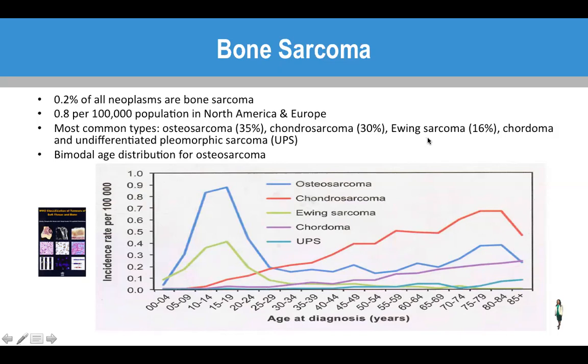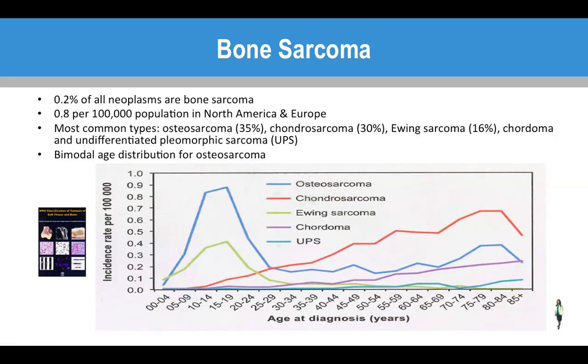The third tumor is Ewing sarcoma. Ewing sarcoma is also in young patients. As you know, Ewing sarcoma belongs to the blue round cell malignant group, so the differential should include lymphoma and plasmacytoma, because they could occur in young patients too. Chordoma is rare and mainly in older patients.